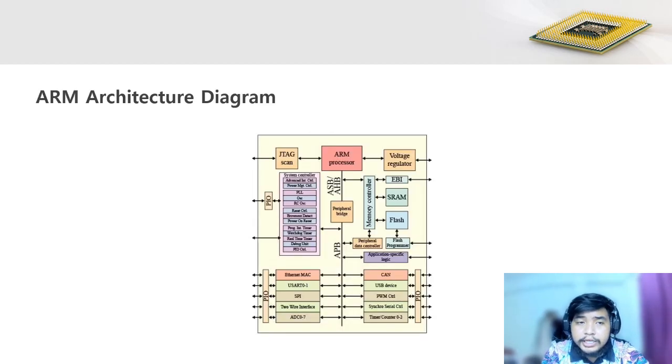The next one is the ARM architecture diagram. The ARM architecture consists of a 32-bit ALU, several 32-bit general purpose registers and a status register, a multiplier and shift register, instruction decoding and control logic, and the data address register.